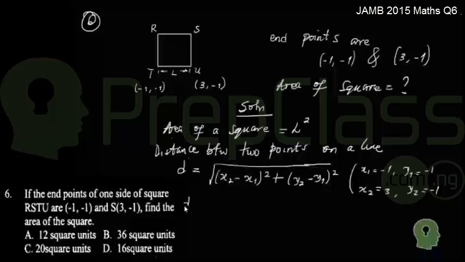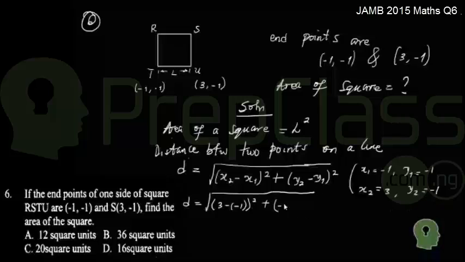So therefore I'll have d is equals to the square root of x2 minus x1. So I would have 3 minus -1. We should be careful about the minus sign. So that will be 3 minus -1 all squared plus y2. My y2 in this instance is -1.